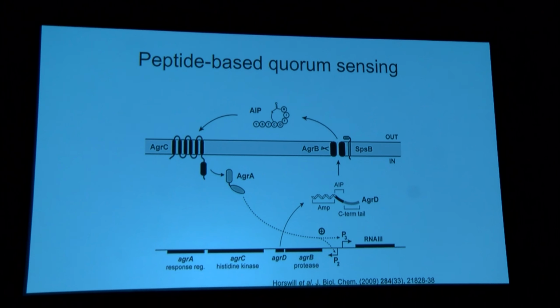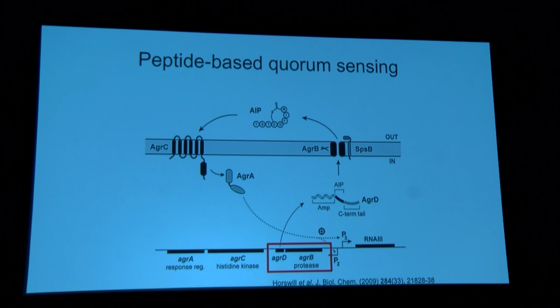In this case, you have a pretty similar architecture where you produce a small molecule, and then once it accumulates to high levels, it's recognized, and you have essentially changes in gene expression or changes in phenotype. We have the CA components, which make this two-component regulatory system, and the B and D components, which together essentially process this propeptide and make this peptide AIP. And this is your signal molecule here.